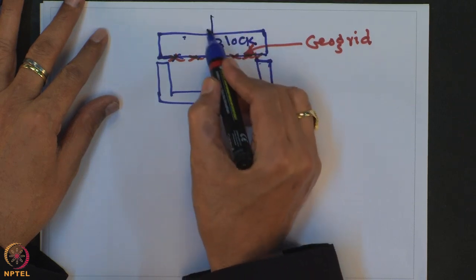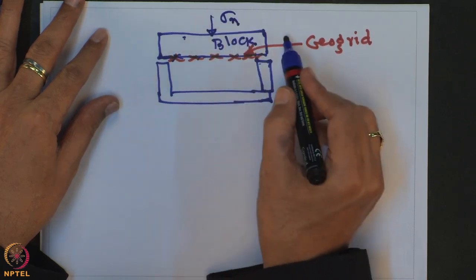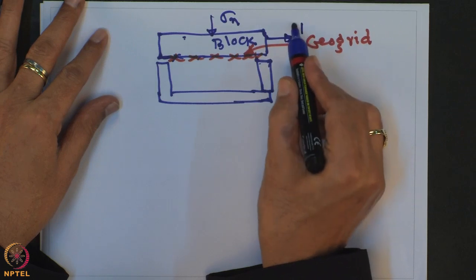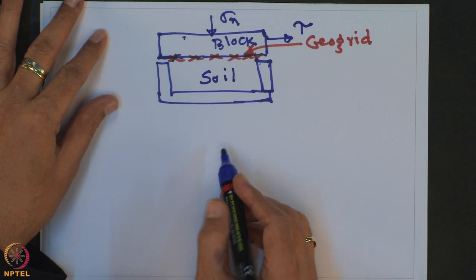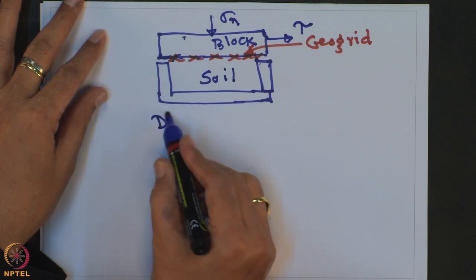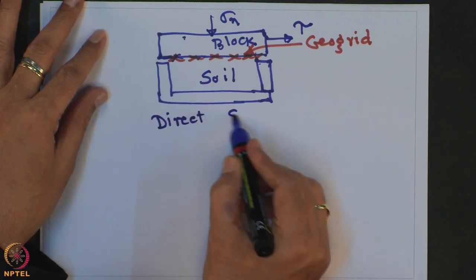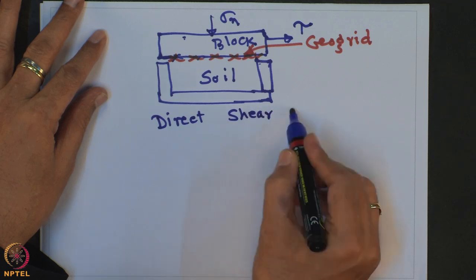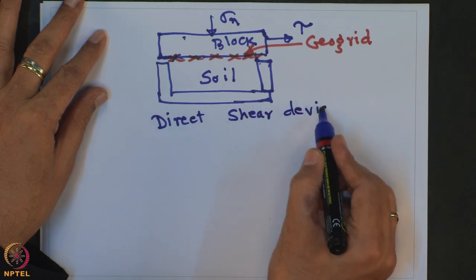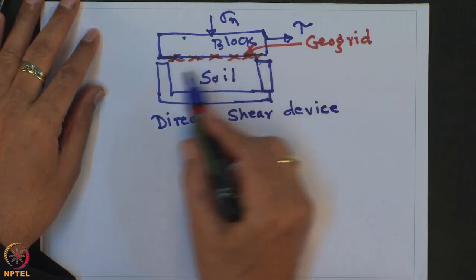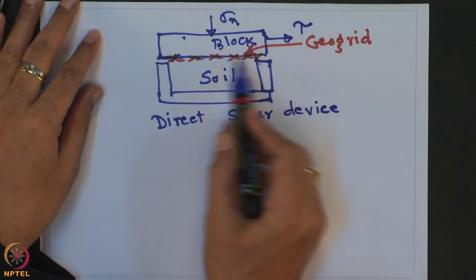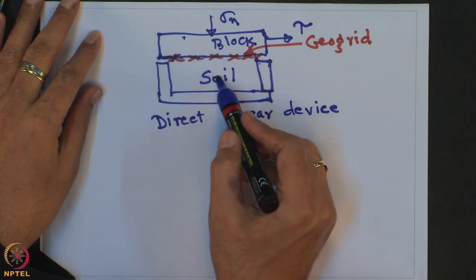Then you apply load, and then you give the shear stress, and the bottom one is the soil. So, this is the direct shear device.